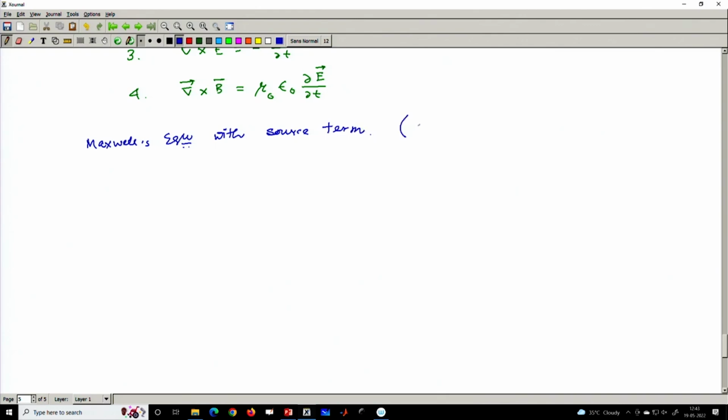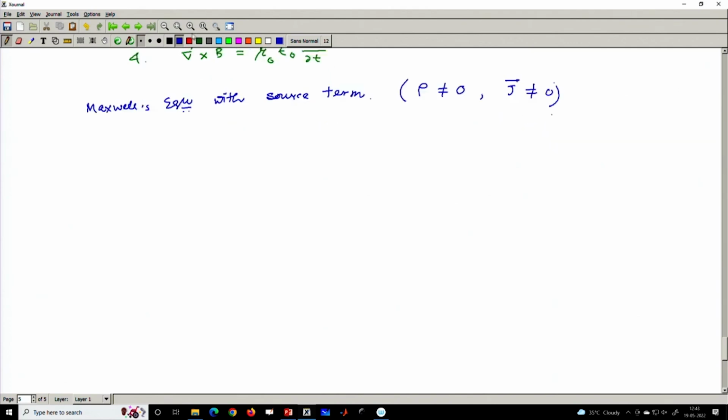When we write the source term, it means rho and j are no longer 0. Only equations 1 and 4 will be modified.